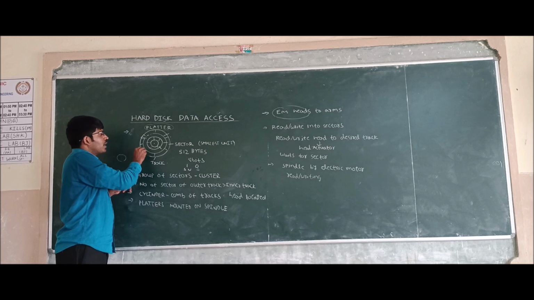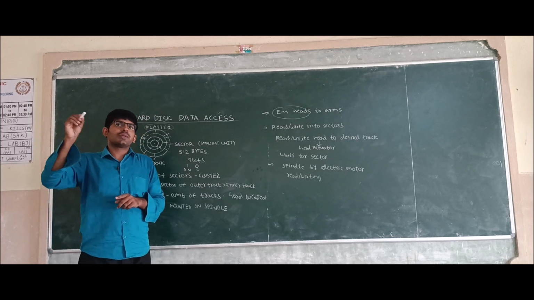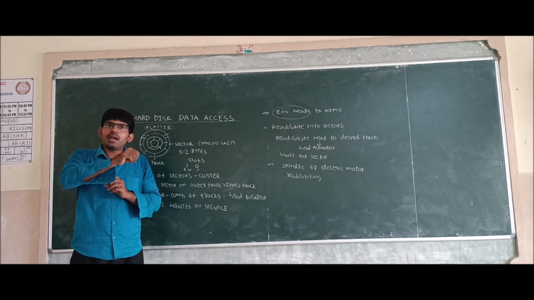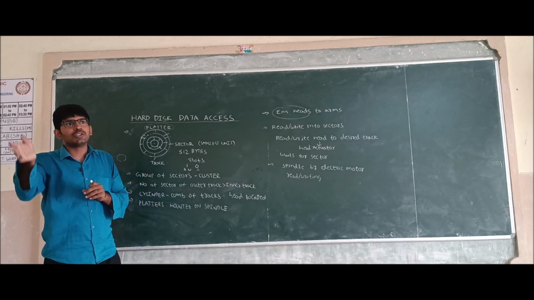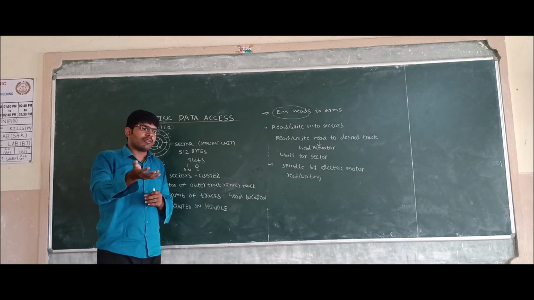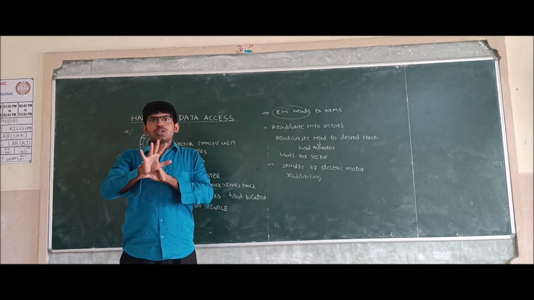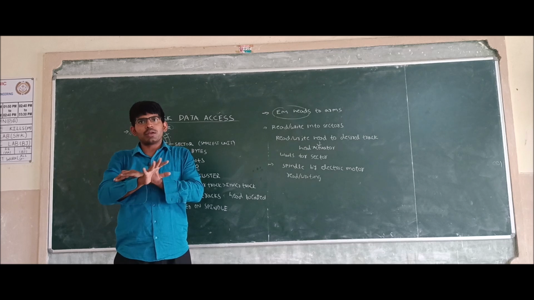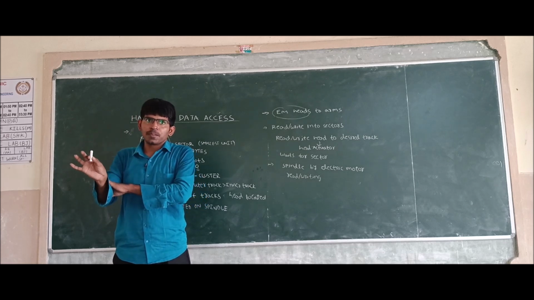The actuator is moving the head from one place to another place. In order to move the head, we have to connect that head to the arm. It is like a crane, you assume. Whenever the hand of a robot is moving, we require an arm to move it. Whenever I want to move this chalk piece, I require an arm to move it.